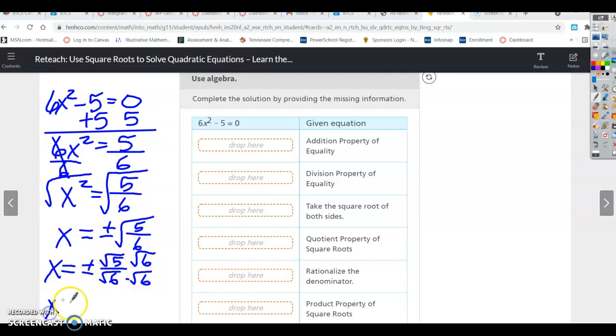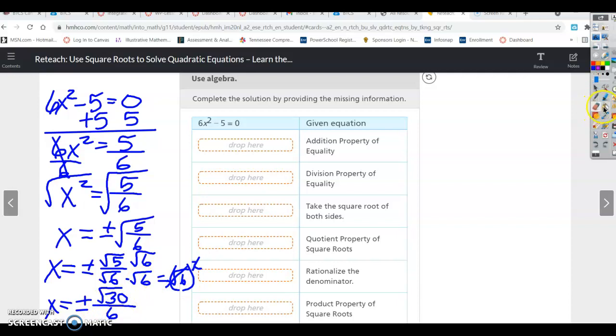So this is going to be 5 times 6 is 30, so we still have the square root of 30 on top. And then 6 times 6 is 36, and the square root of 36 is just 6. So like I said, this is the square root of 6 squared, because anything times itself is that squared, and that means the squared and the square root cancel, and that's why we have just 6 on the bottom.